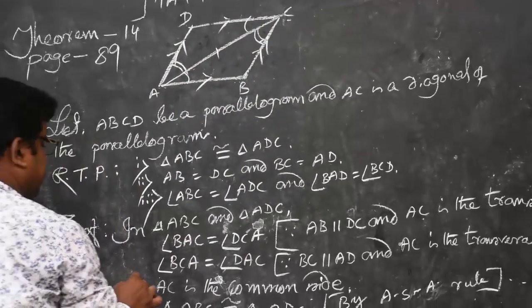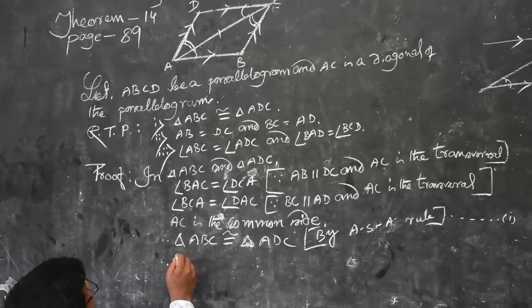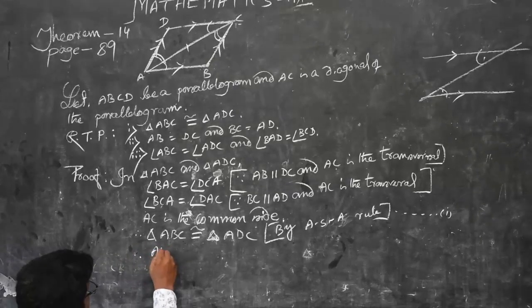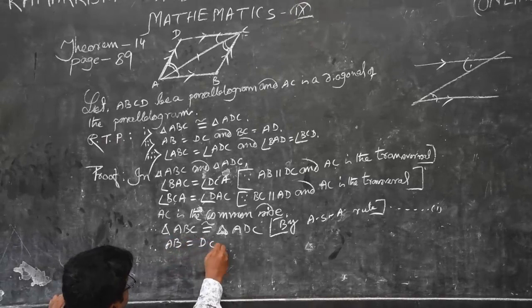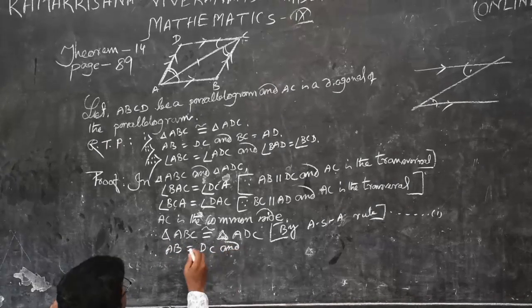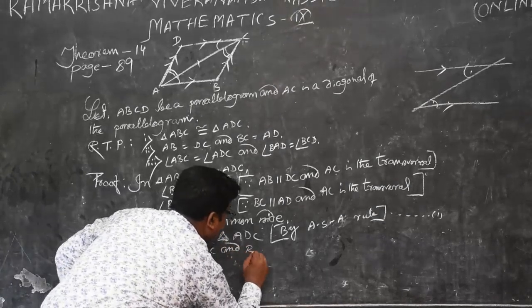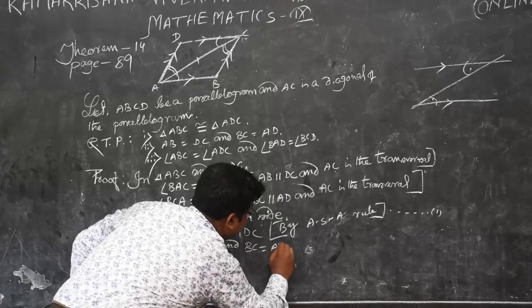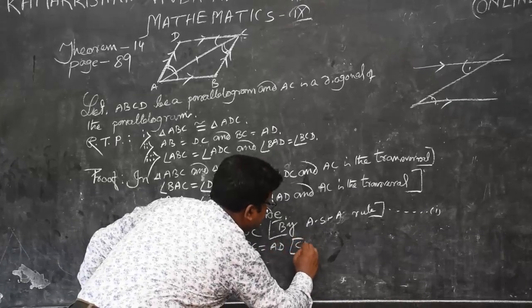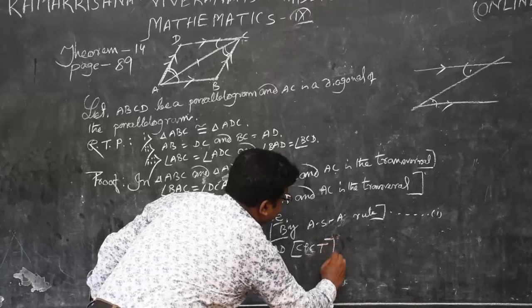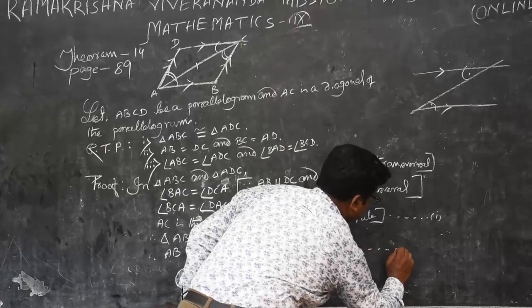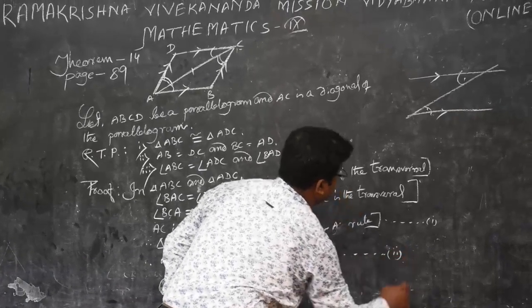This is called CPCT. Therefore AB equal to DC, and BC equal to AD. It is CPCT. It is part 2 of this theorem.